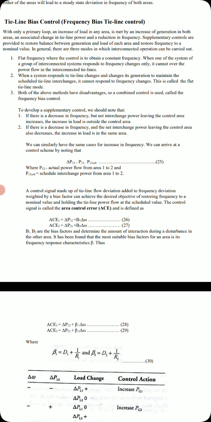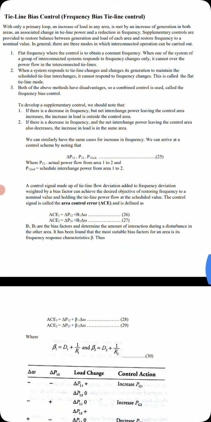With the primary control acting and identical characteristics, each area will increase its generation by 25 megawatt, because the change is 50 megawatt and both are identical. The tie line power increases to 175 megawatt, because 150 megawatt was there earlier and 25 megawatt extra is generated in one area.